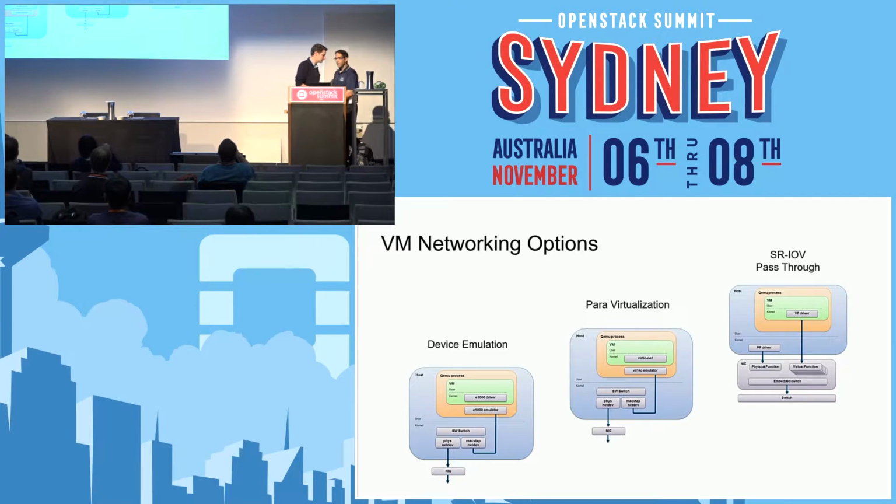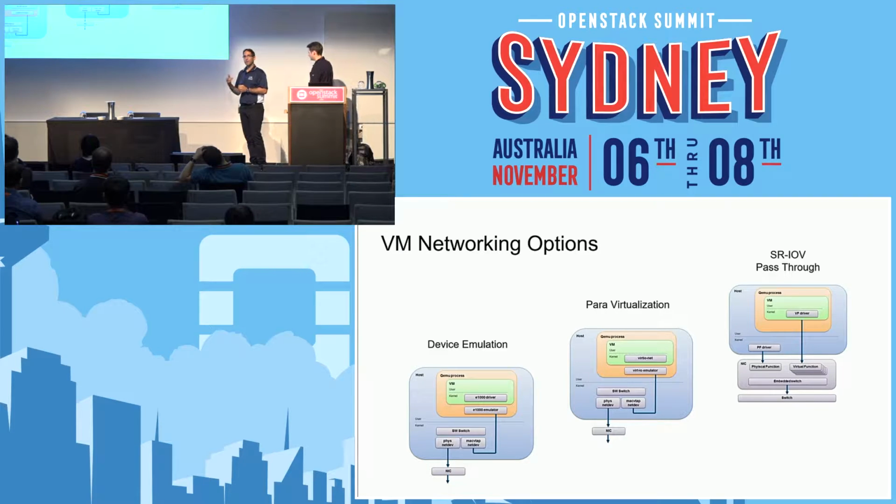So before we go and talk about OpenStack networking, let's review a little bit about the different techniques to connect a virtual machine into the network of the cloud. And here we are presenting 3 major ways. There are more subsets and variants of this. On the left-hand side, that is the first kind of virtualization networking that was created. It's device emulation.